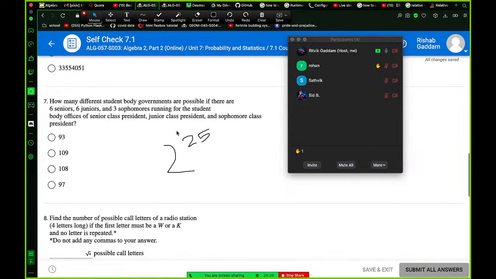So, how many different student body governments are possible if there are six seniors, 6 juniors, and 3 sophomores running for student body offices of senior class president, junior class president, and sophomore class president? If you want to do this one, then raise your hand.